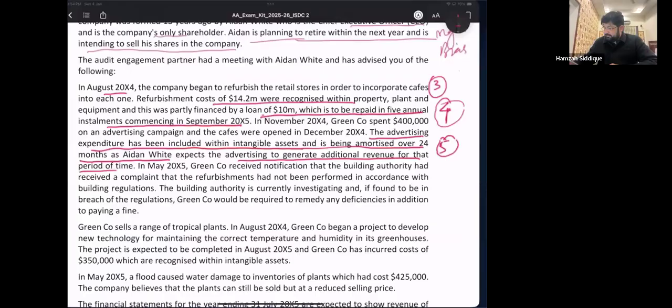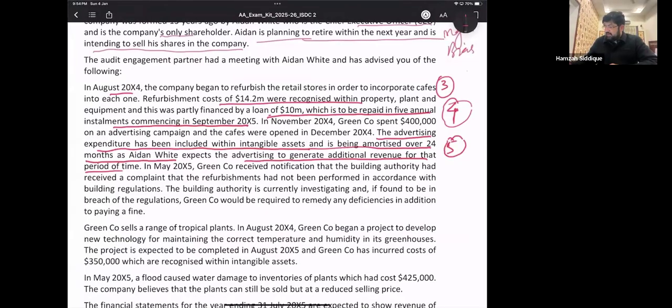Now come here. Yes, advertising cost, very easy to discuss. Green Company received notification that the building authority has received a complaint. The refurbishment has not been performed in accordance with the building regulation. Okay. The authority is currently investigating, an investigation of breach of regulation. You know, how many points are from the same handout?